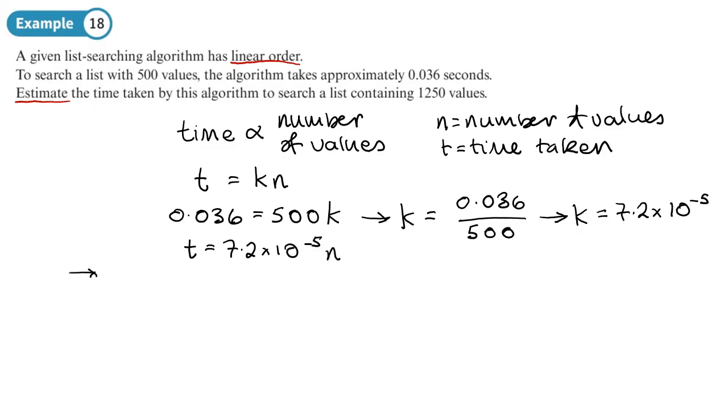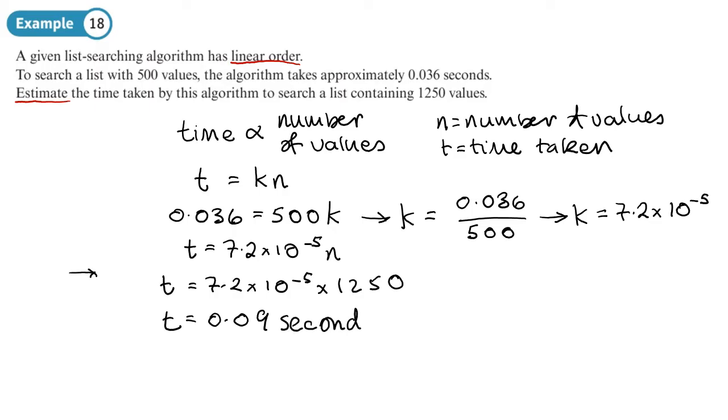So we just replace the number of values with 1,250, times 1250. We get a value of t of 0.09, and that's going to be seconds. So here's our answer.